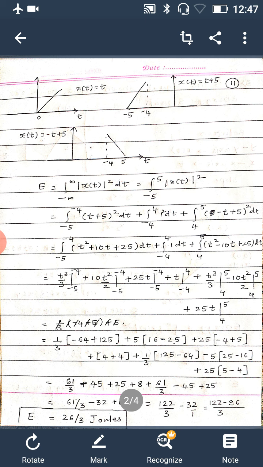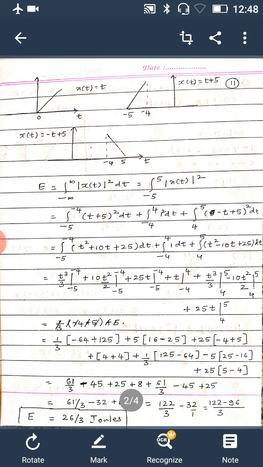We know that a signal originating from 0 can be defined as a ramp signal, and mathematically it is denoted by t. When this ramp signal originating from 0 is left shifted by 5 units, the signal becomes like this.